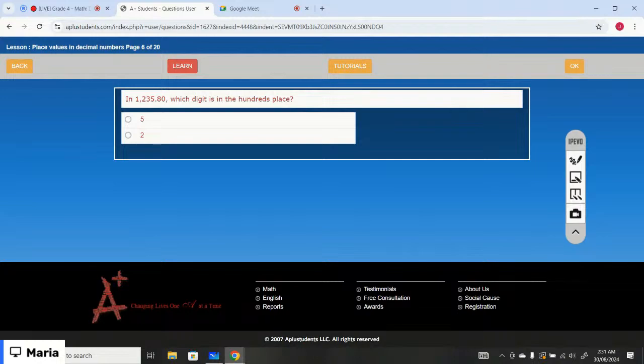The correct option is, hundreds place is 2. 5 is at the ones, 3 is at the tens, and then 2 is at the hundreds place. The correct option is 2.